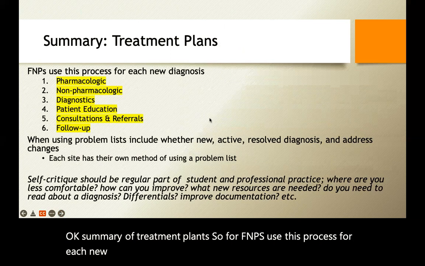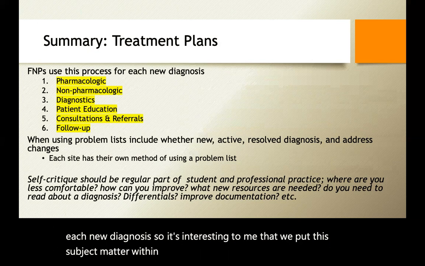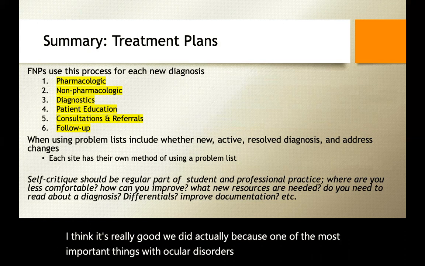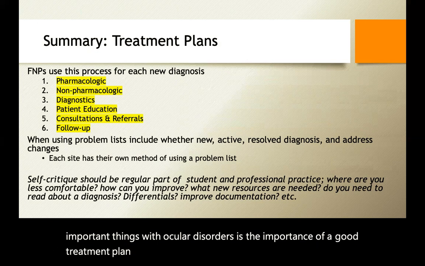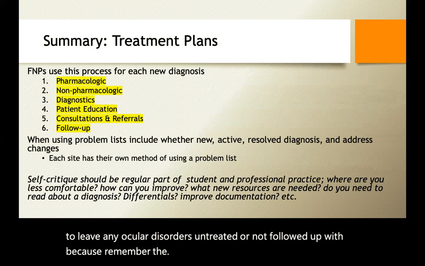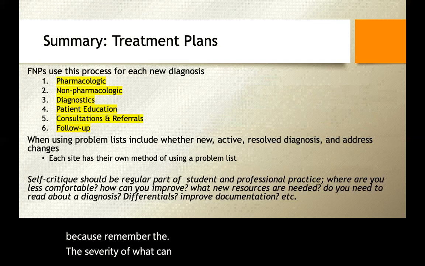So it's interesting to me that we put this subject matter within the eye ocular disorders in the same chapter. I think it's really good we did, actually, because one of the most important things with ocular disorders is the importance of a good treatment plan that includes follow-up. Okay, you don't want to leave any ocular disorders untreated or not followed up with, because remember, the severity of what can happen is significant.